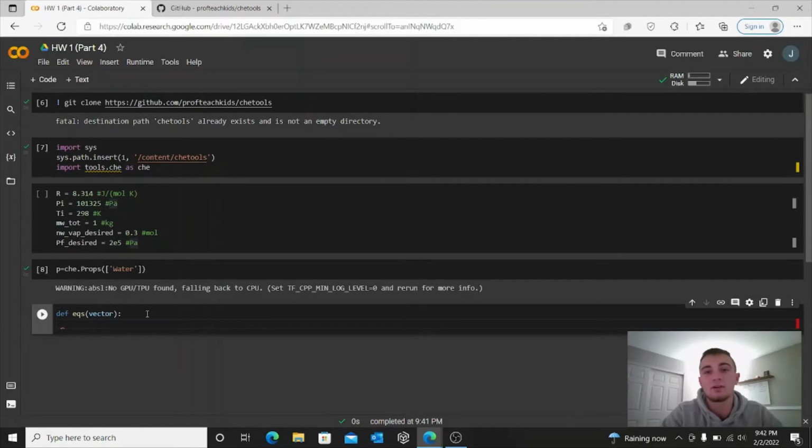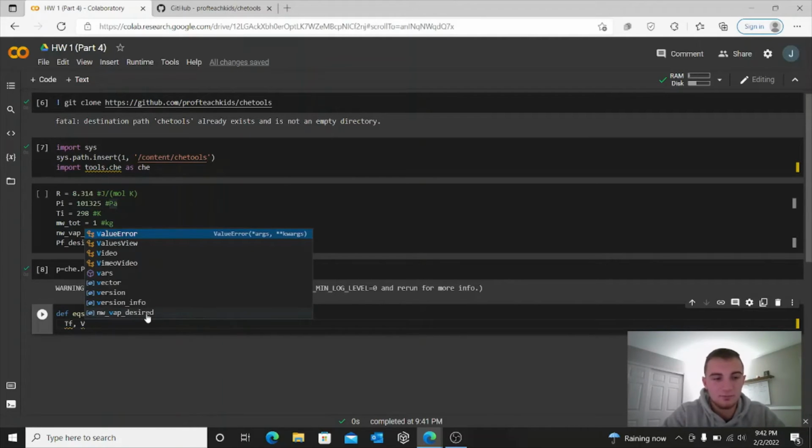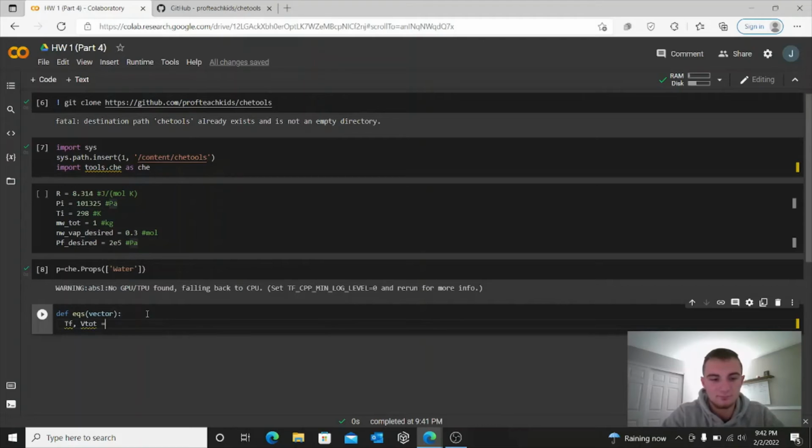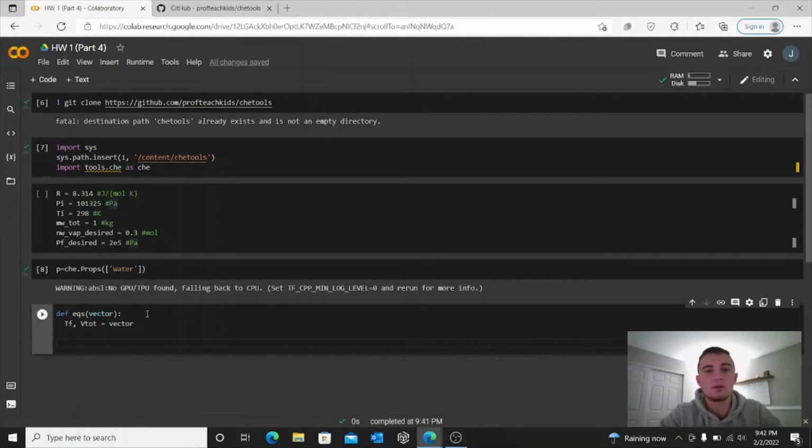Again, this vector will contain our unknowns, the final temperature, which we're looking for, and the total volume. So set that equal to vector. And here I'm going to return the two equations that we will want to drive to zero.